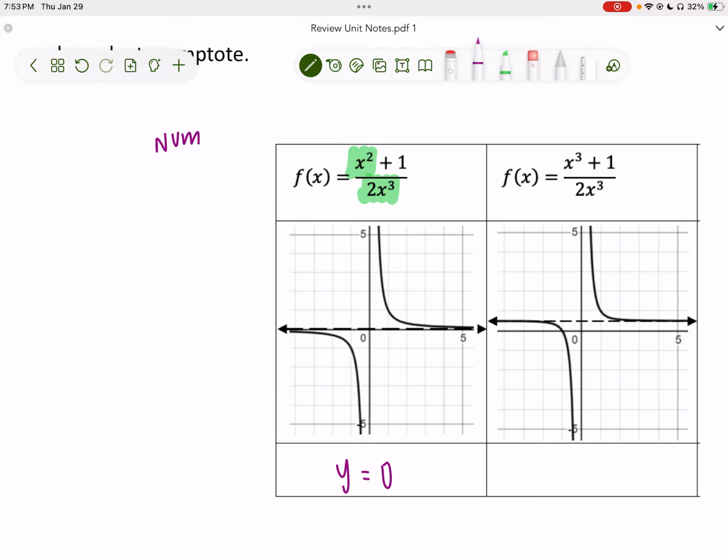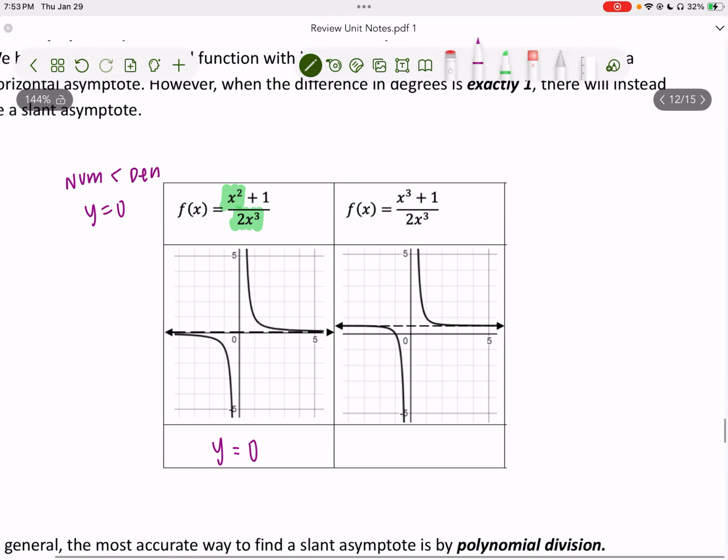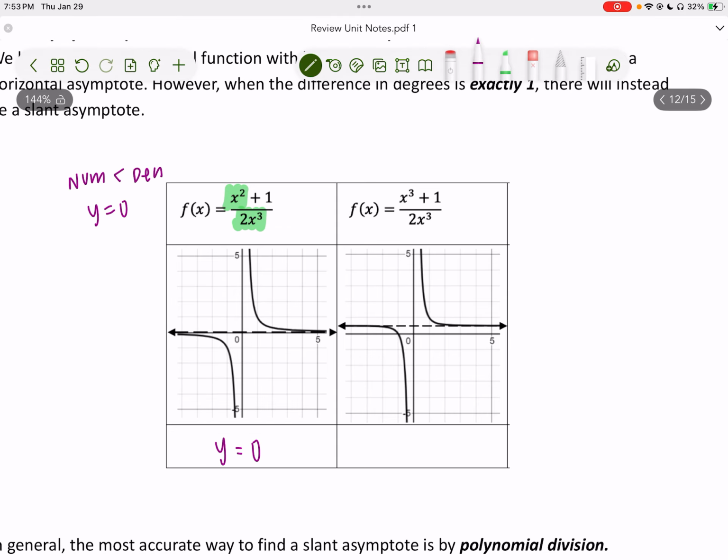The numerator power was less than the denominator power, so y equals 0. That is from college algebra. Here, your powers are the same. If they match, the numerator's power equals the denominator's power, then you're going to simplify the coefficients. So in this case, y equals 1/2.